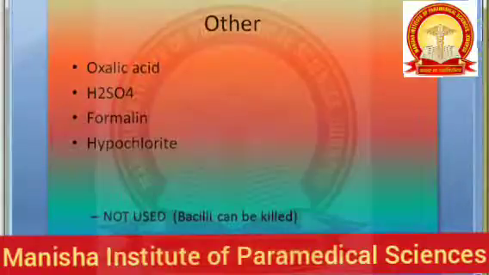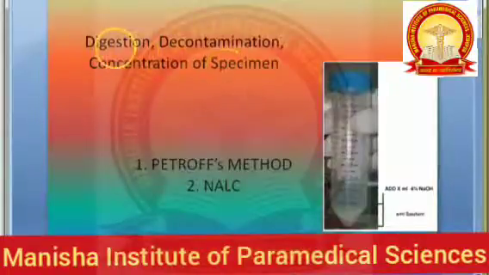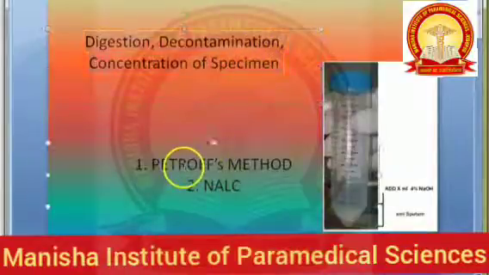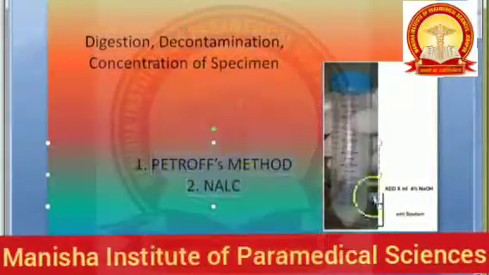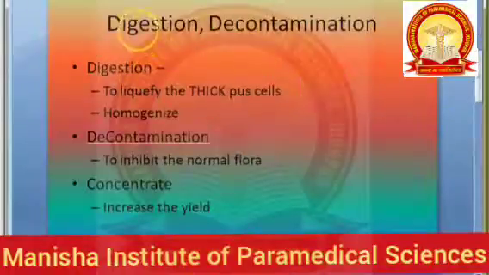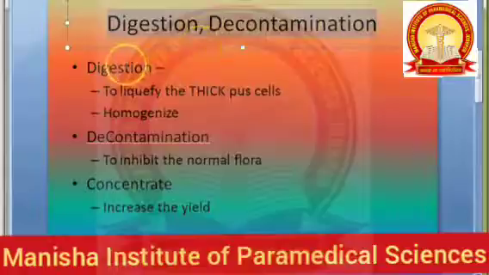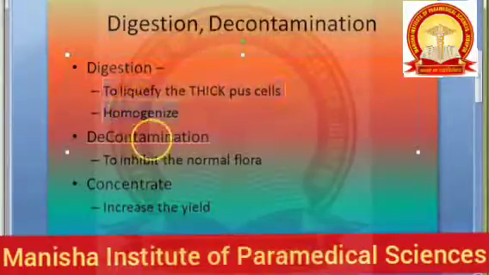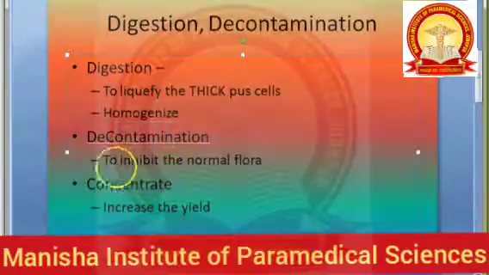So shall we revise now what we saw till now? Digestion, decontamination, concentration of specimen. There are two important methods, Petrov method and NALC method, and you can use either one of them. The main thing we want to do is digest. We want to liquefy thick pus and homogenize the sputum.